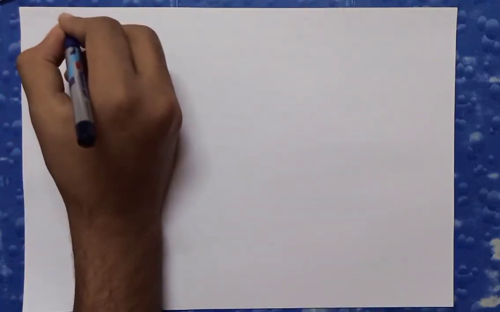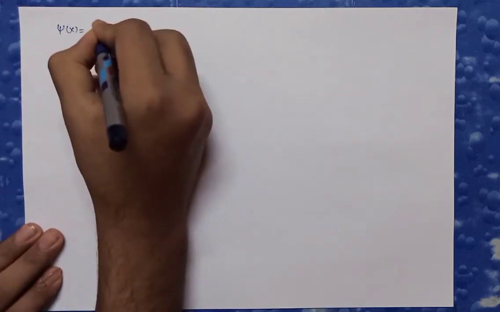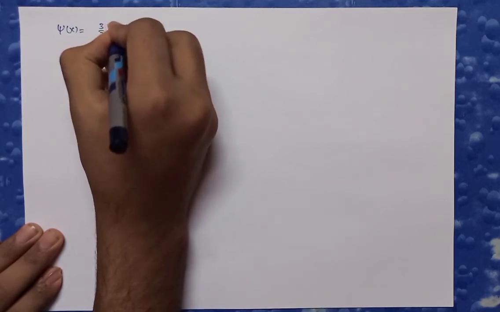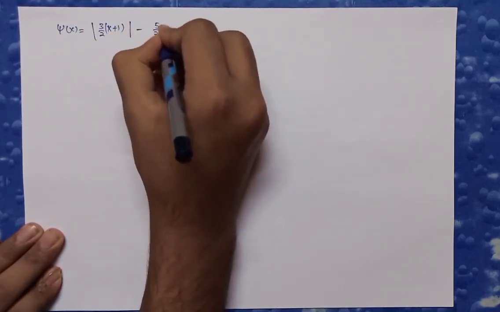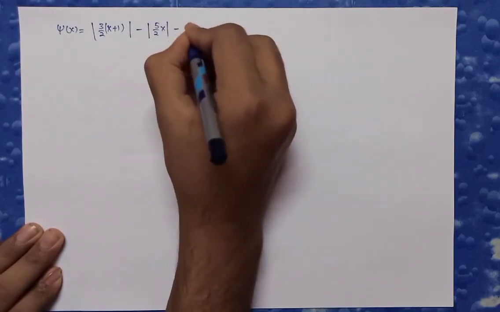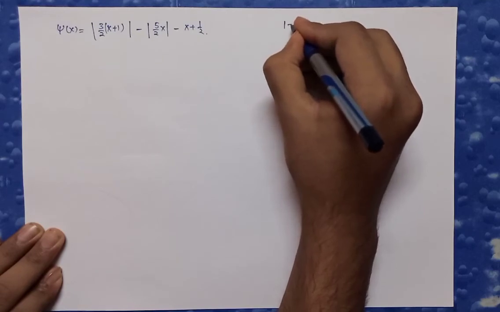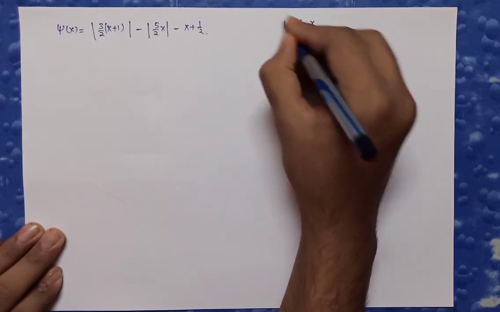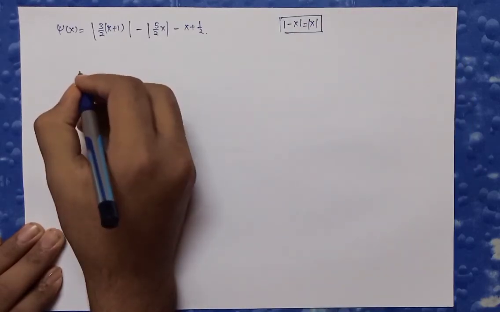Let's see how. I am rewriting it over here. Xi x equals mod of 3 by 2 x plus 1, mod of minus 5 by 2 x, mod of minus x plus half. Now we also know that the modulus of minus x equals the modulus of x. I am going to use this property over here.